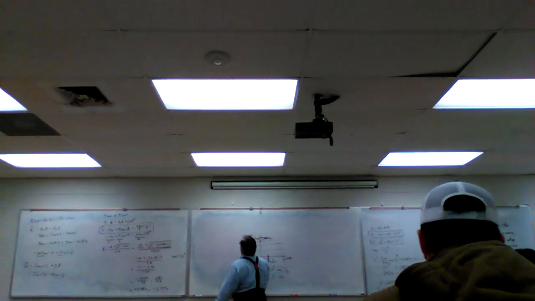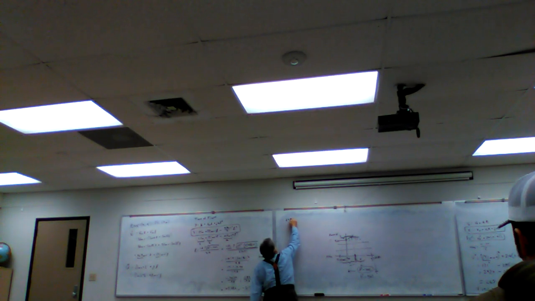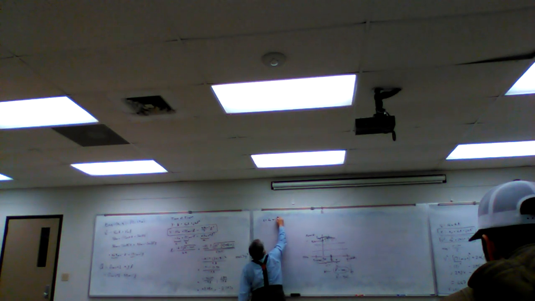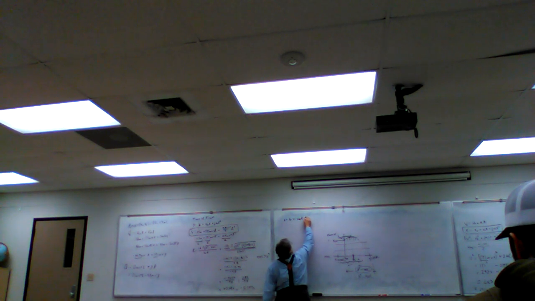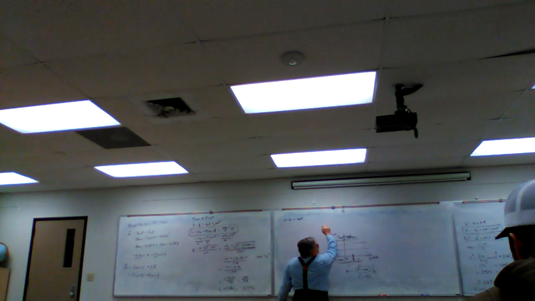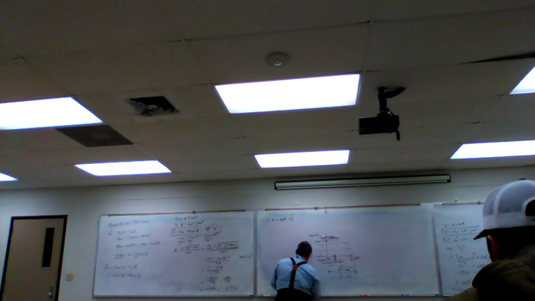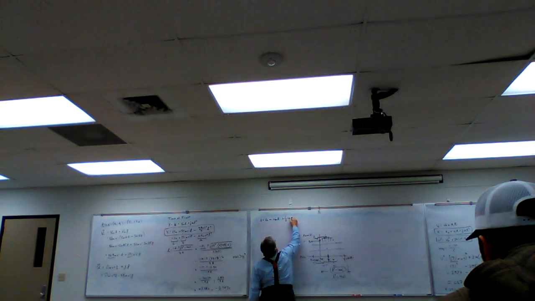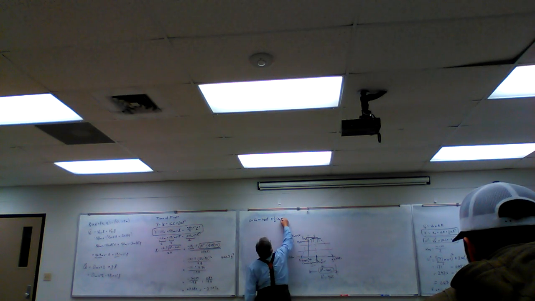We want to know x equals x sub naught plus v sub x sub naught times t plus 1/2 ax, our horizontal acceleration, times t squared.